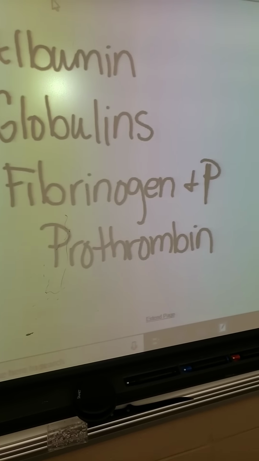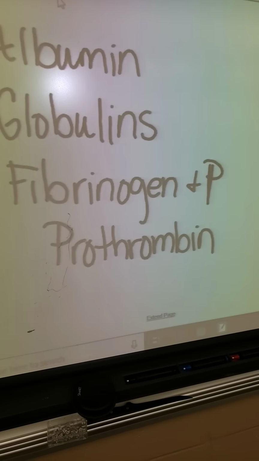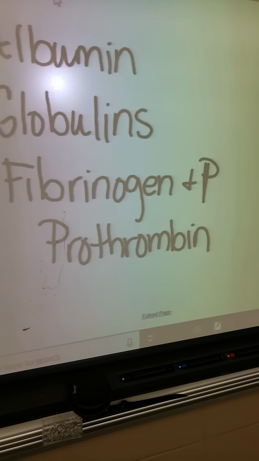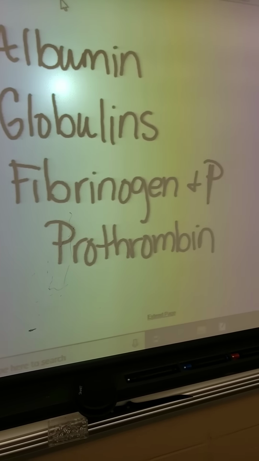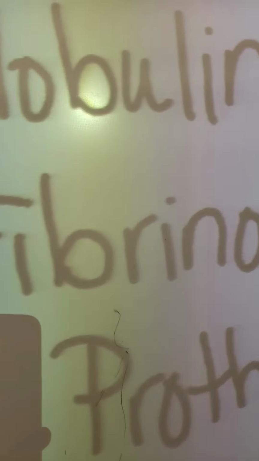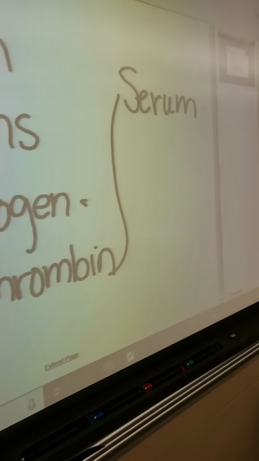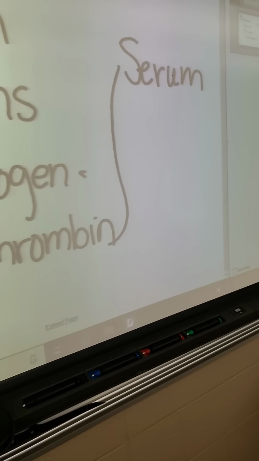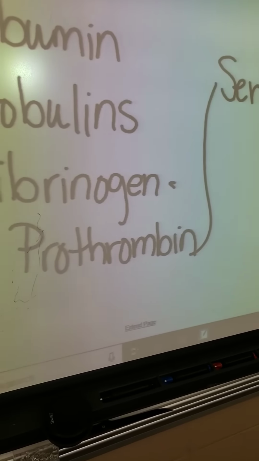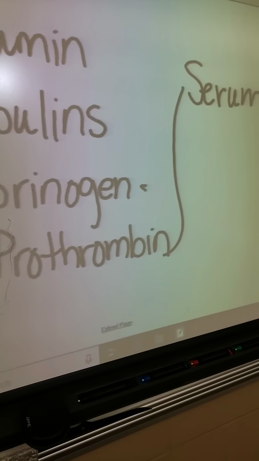These clotting factors, or clotting proteins, are the ones that are removed from plasma, and when they're removed, the fluid that's left is called serum. So that's the plasma. 55% of blood is made up of plasma.